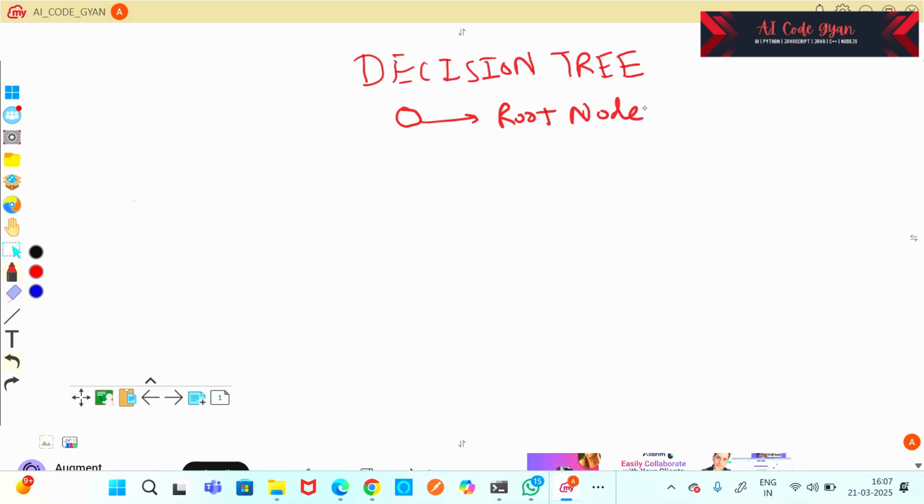which represents the whole class or family, and when we further divide it into two nodes, this is called splitting. And when this subnode further divides into subnodes, this is called a decision node.